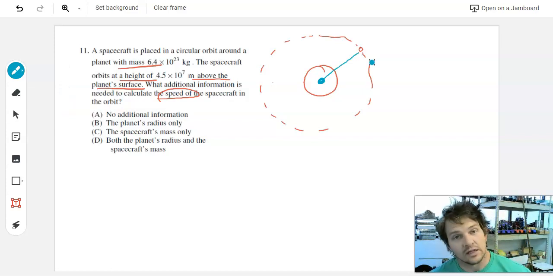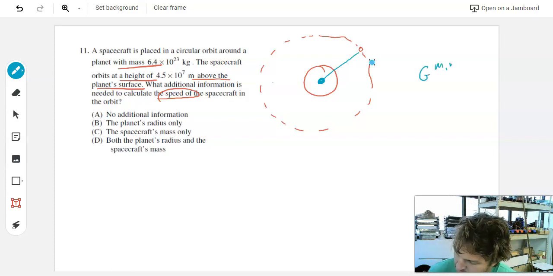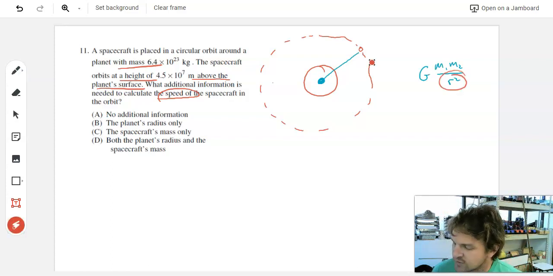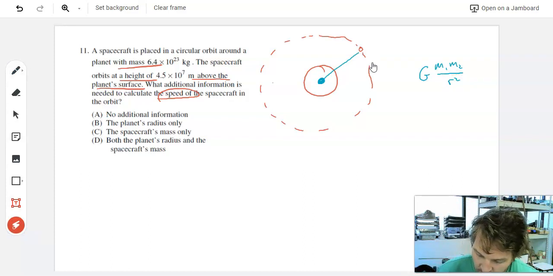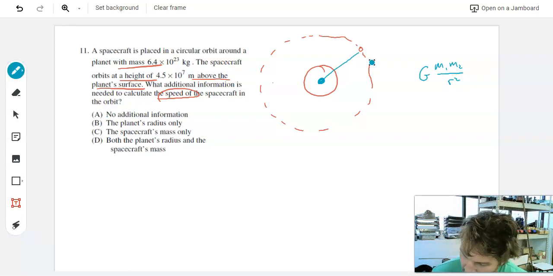So that's the radius when you're looking at formulas like that. That R is the distance between the center of those things. So we need to know the distance of that, and then we need to know the mass of the thing that's pulling it. So this whole planet, you need to know the mass.